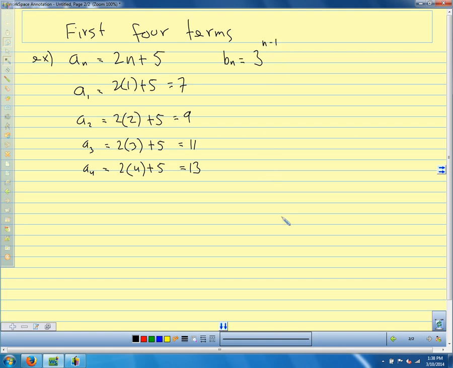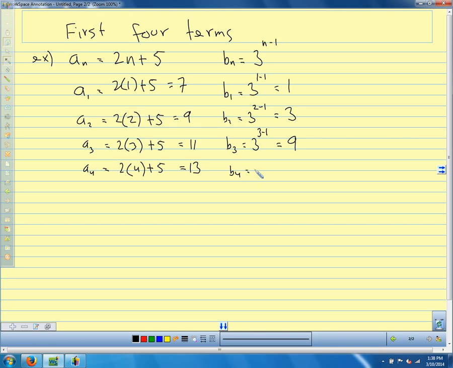And we want to write out our 4 terms here. So b sub 1 is going to be 3 to the 1 minus 1, which is what? 3 to the 0 is 1. b sub 2 is 3 to the 2 minus 1, which is 3, 3 to the first. b sub 3, 3 to the 3 minus 1, which is 9.